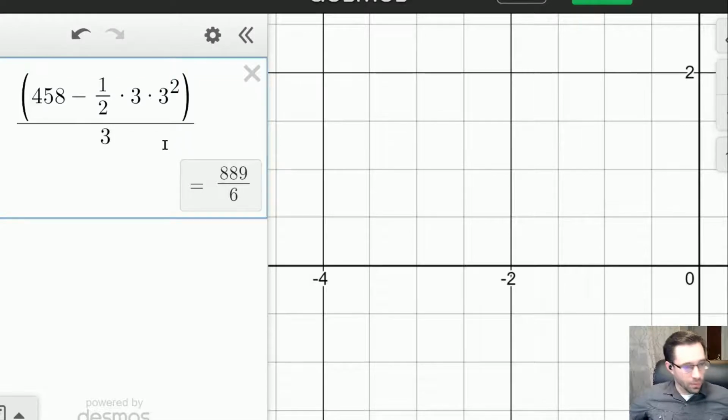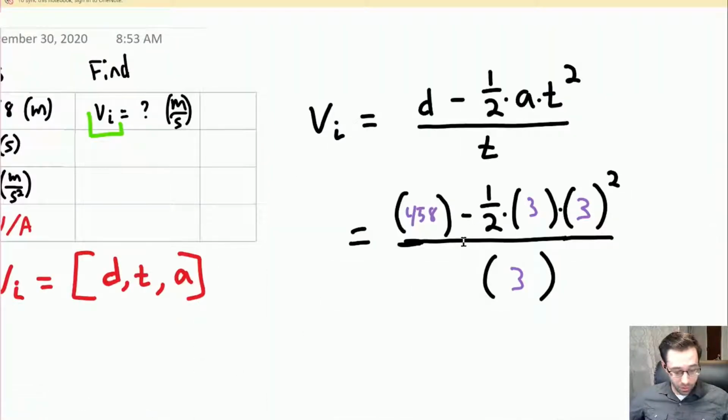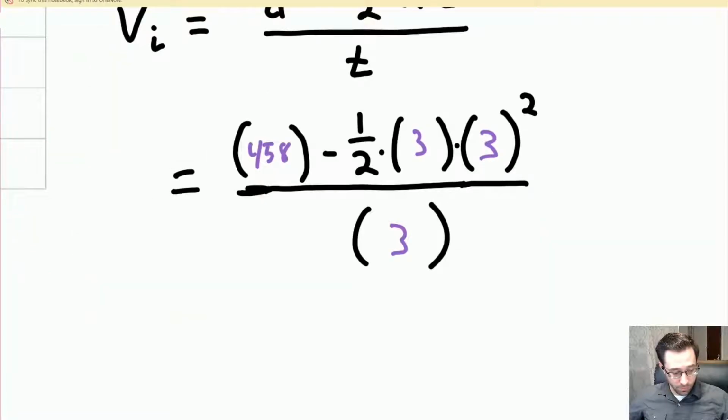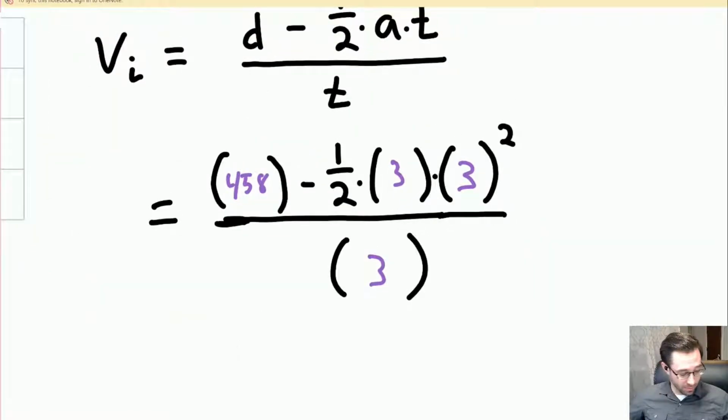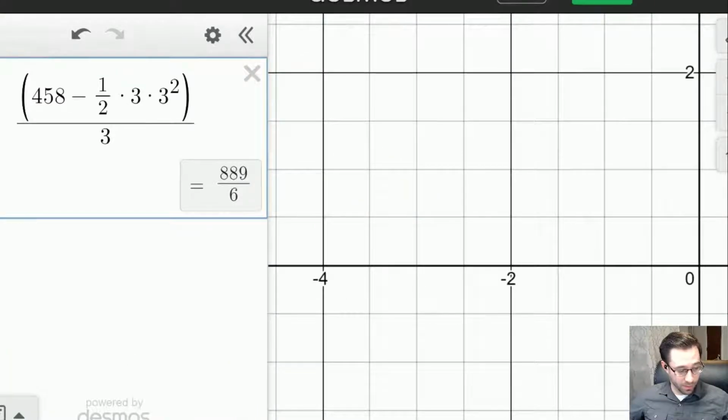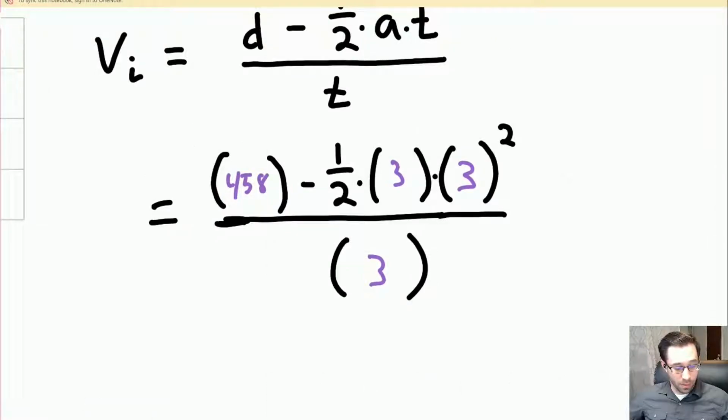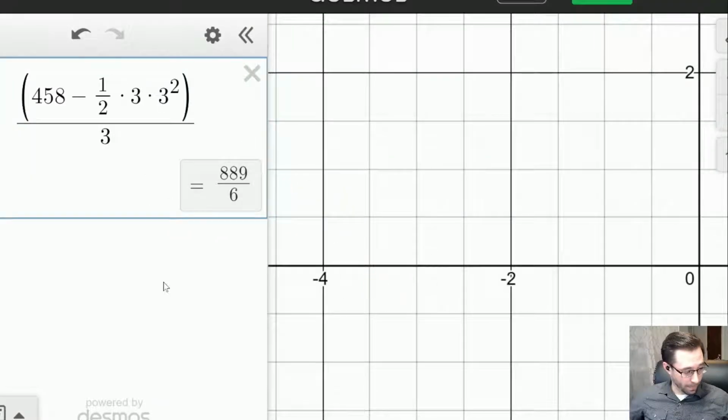Okay. So, by using Desmos, I can look at my equation and make sure that it looks just like the one that I wrote. Does everybody see the 458 minus the 1/2 times 3 squared divided by 3? Okay. So that's why I recommend using Desmos.